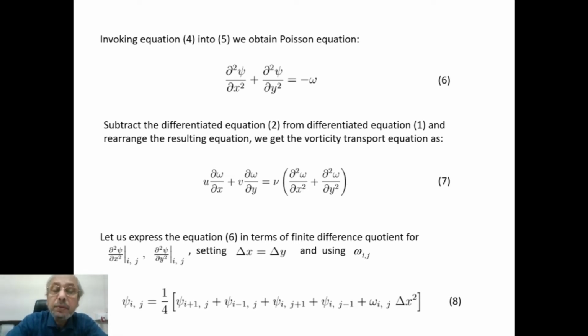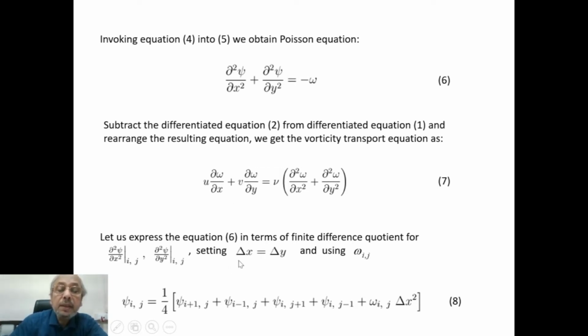So what we do, we start computational strategies with equation 6. In equation 6, we substitute del 2 psi del x2 in terms of its finite difference quotient through central difference discretization. Similarly, del 2 psi del y2, we write central difference discretization.